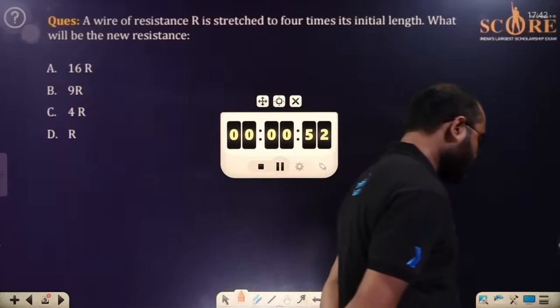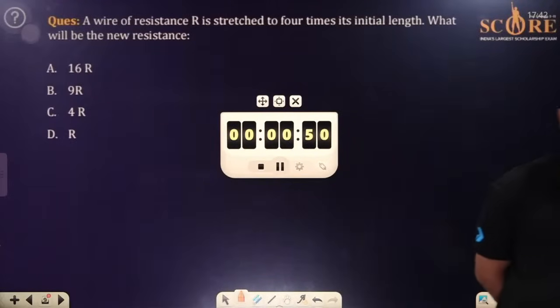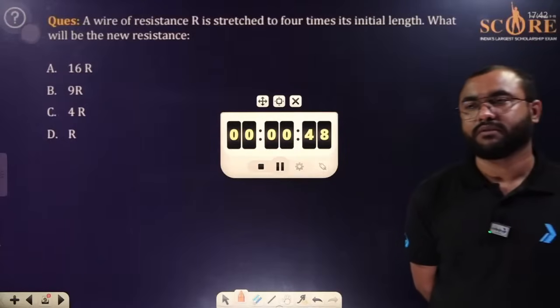Only one concept you require to solve this, except the formula, and every single thing will be done.